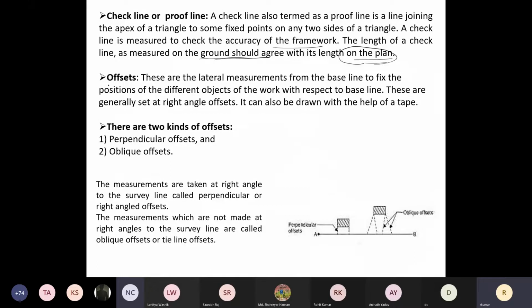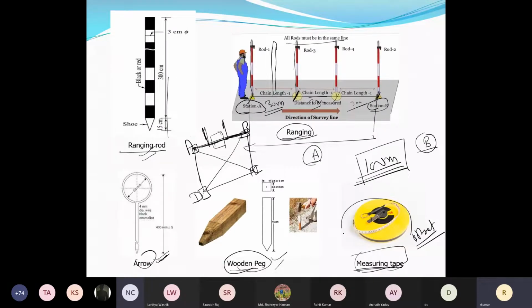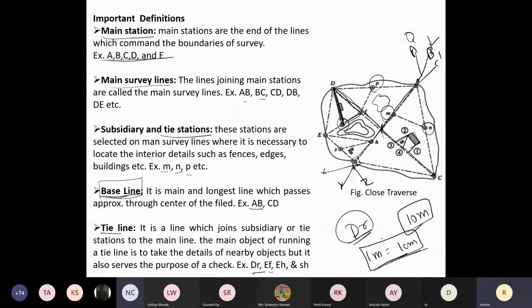Now, next thing is offsets. These are the lateral measurements from the baseline to fix the position of different objects of the work with respect to the baseline. These are generally set at right angles. What I have said, you will use this tape to measure the offsets.